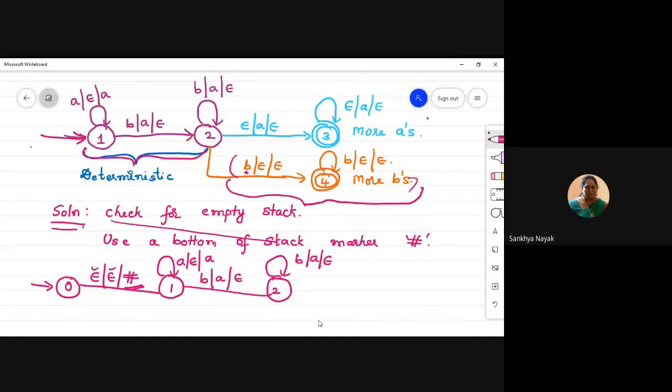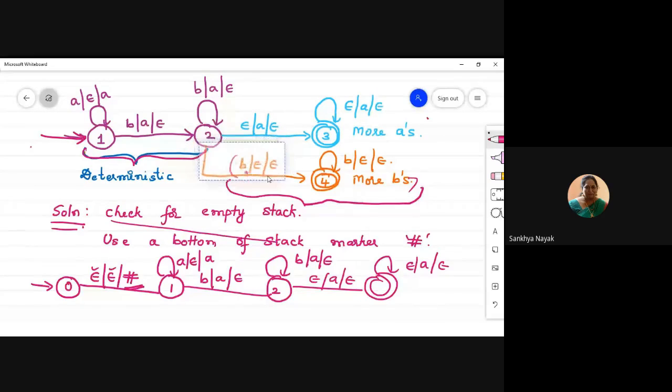Okay. So to do this, as I said, the upper portion will not change, so it will remain as it is, till here. Next, the condition that we are going to make changes to is, if you have a B and the stack has hash.